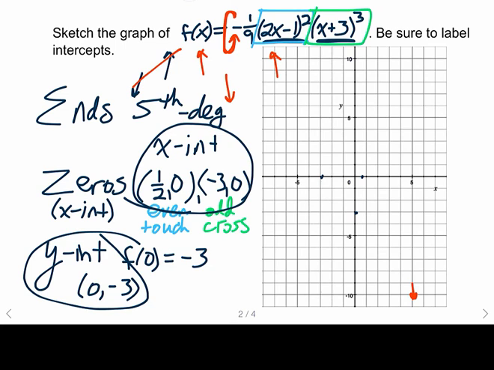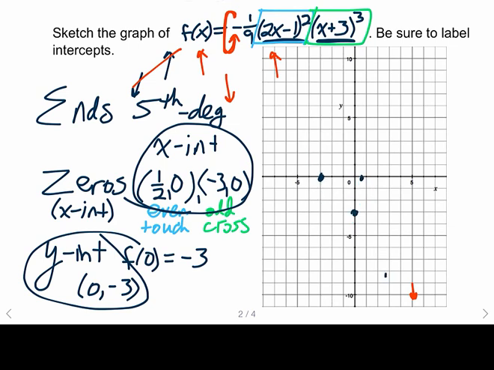Now, I'm supposed to come from the bottom right down there in the fourth quadrant, and at 1/2, I'm supposed to bounce off the x-axis. Then I'm supposed to somehow cross through the point on the y-axis at (0, -3), and then end up bouncing back and probably wiggling here at x equals -3. I'm going to clean this up and then see if we can draw what we're supposed to.